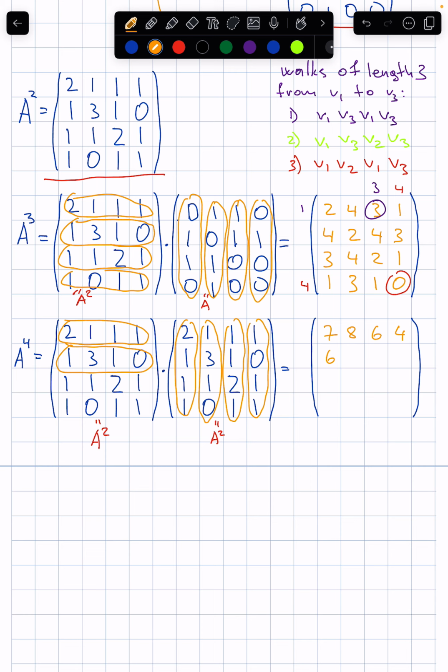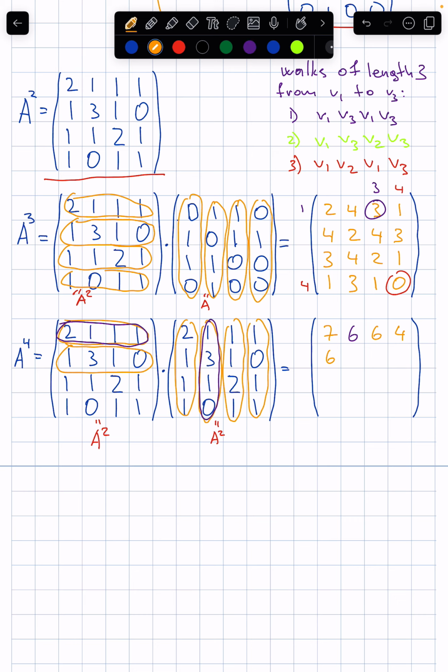Something is off. Right, I made a mistake before. Here we were supposed to multiply the first row by the second column. So that is 2 plus 3 plus 1. So that's a 6.